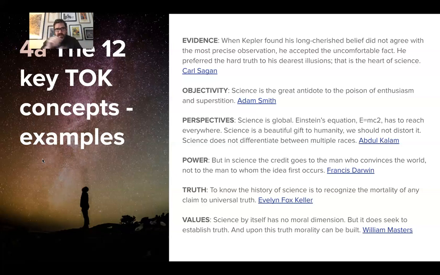And so I can think of few discussions that would be more interesting and more engaging for your students than getting them to talk about the relationship between ethics and science. So those are a few of the 12 key concepts, a few ideas connected to them, a few great thinkers that we could draw on to explore them. And I think that just shows how we can take TOK ideas and place them into any science class and get a great discussion going.